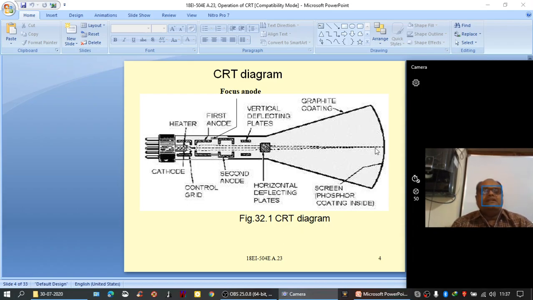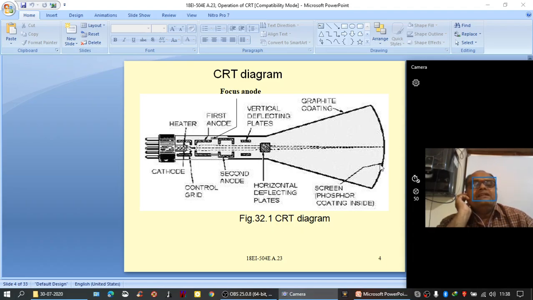But once the kinetic energy is transferred, the electrons will bounce back into the empty space across the CRT screen, and these reflected electrons with very low kinetic energy are called secondary electrons.